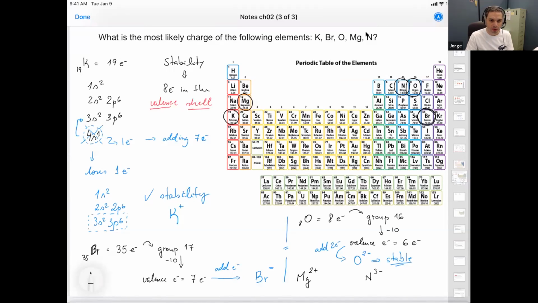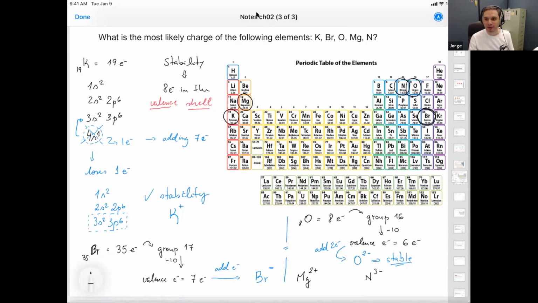Okay, so what I'm trying to tell you here is that we need to be able to figure out what is the charge that the elements are going to get in order to achieve 8 electrons in the valence shell, which means stability. Always follow the noble gas configuration.